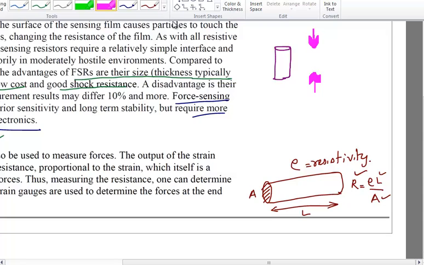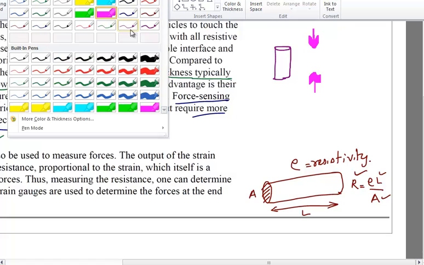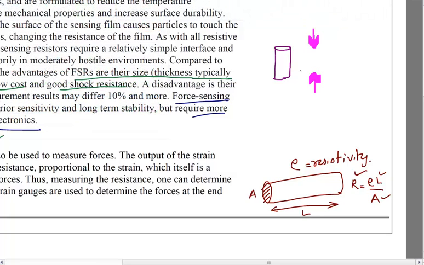No, we are not talking about just metal, we are basically talking about a material which is compressible. Okay, a conductor which is compressible. In such a case, the material will compress and its length will go down, but its surface area will increase.